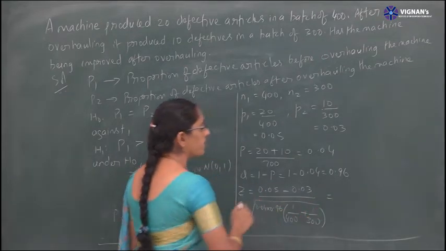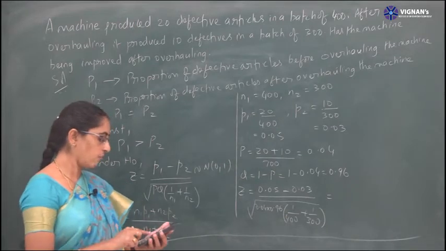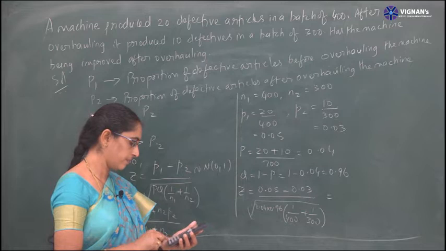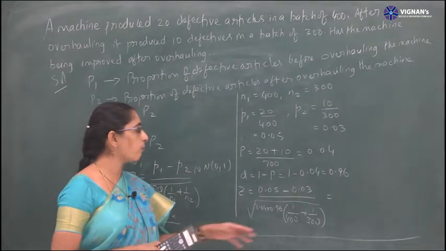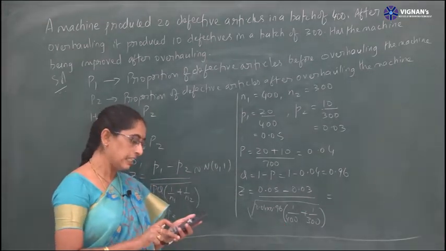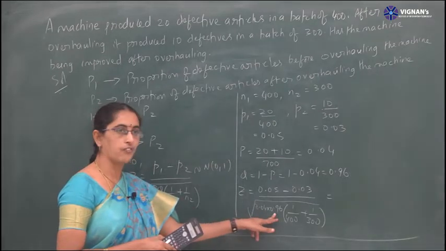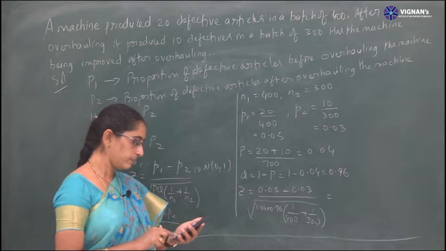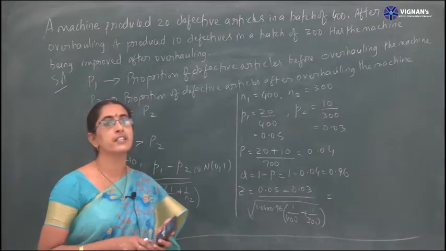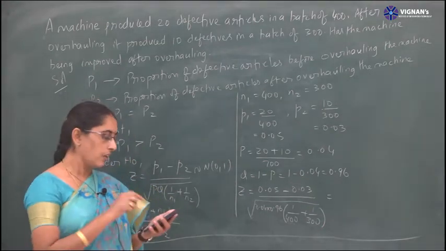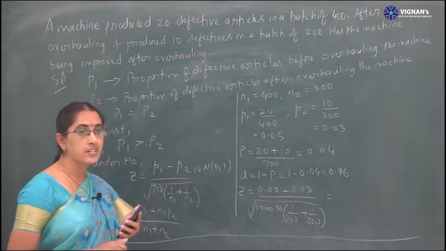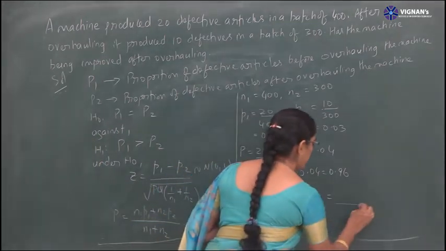Now first let us simplify the denominator. 1 by 400 plus 1 by 300 is equal to 0.0058, into 0.04 into 0.96. It is equal to 0.0002. Now the square root of that is equal to 0.0141.